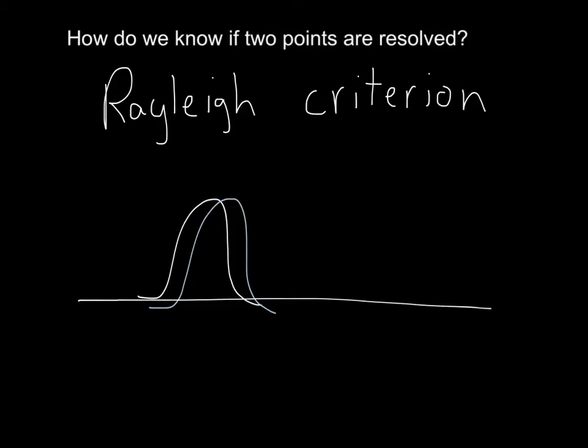He just said, look, if this maximum here is at the same point as the minimum of this thing, so this is the minimum of this thing, this is the maximum, so if these 2 things are aligned, so let me make a little line here that shows that this is kind of aligned. So if this is aligned with the minimum of this diffraction pattern, then there's enough room to tell these 2 things apart. And then these things are just resolved.